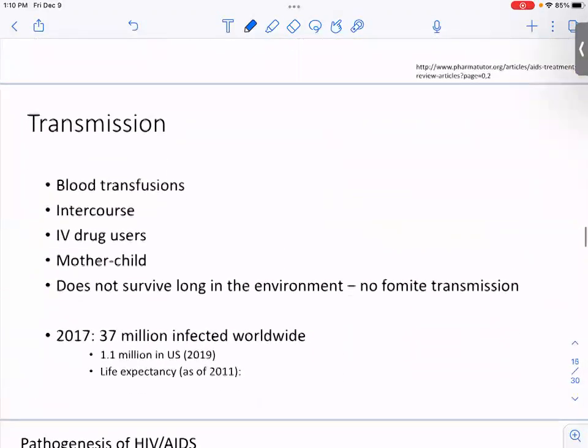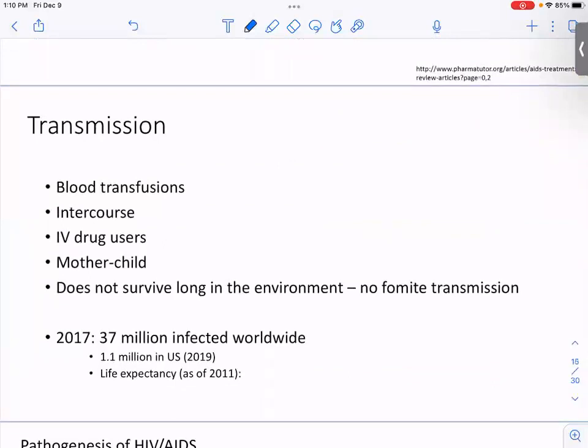Transmission. It happens by very specific ways, direct and specific routes. I was a kid during the AIDS epidemic, the early days, and I can remember being worried that you could get AIDS from going to the swimming pool or sitting on a public toilet seat.